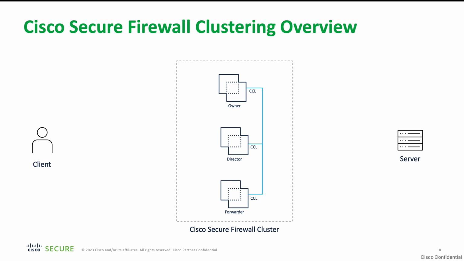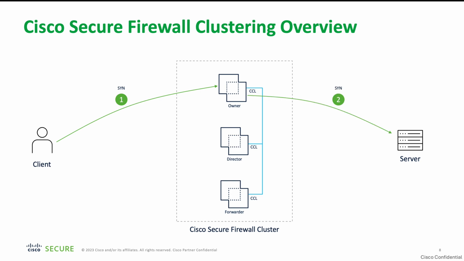Okay, let's walk through step by step how a cluster handles a TCP handshake between a client and a server. Step one, the client sends a SYN packet. It lands on one of the nodes, which becomes the owner. The owner then creates the connection flow, encodes its identity into the SYN cookie, and forwards the SYN to the server.